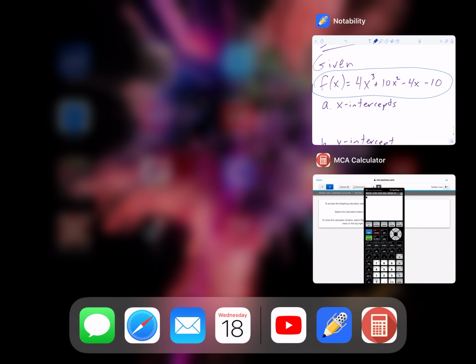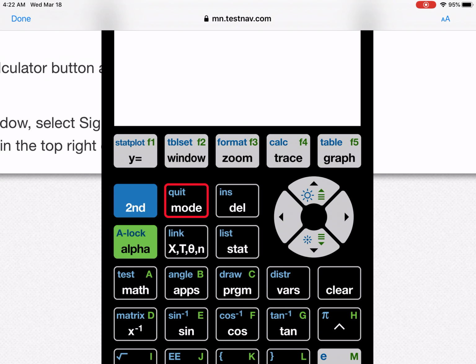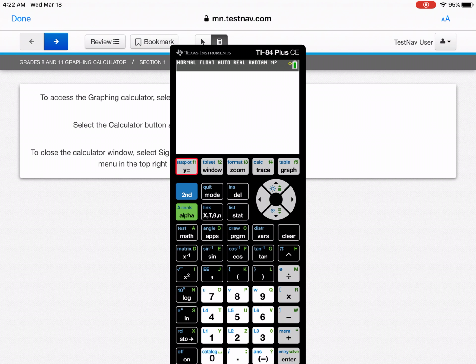So I'll go to my calculator, go to y equals 4x to the third plus 10x squared minus 4x minus 10, push graph.